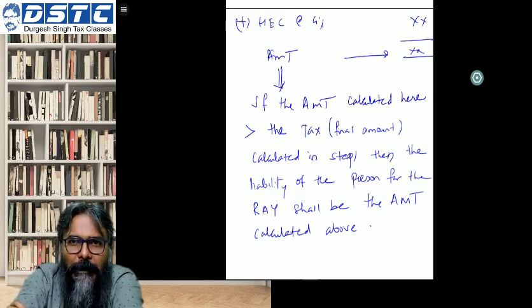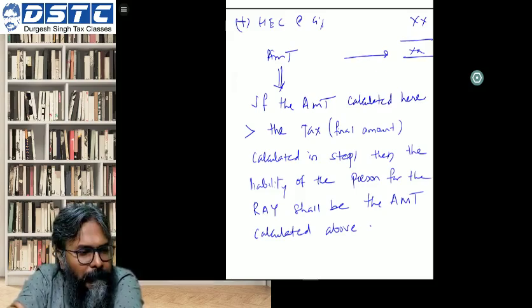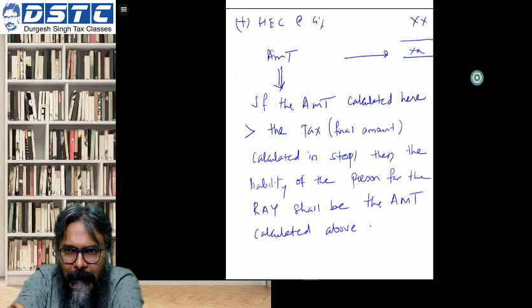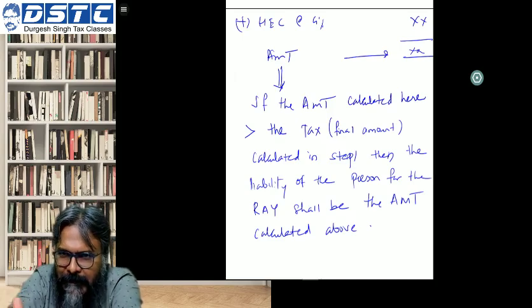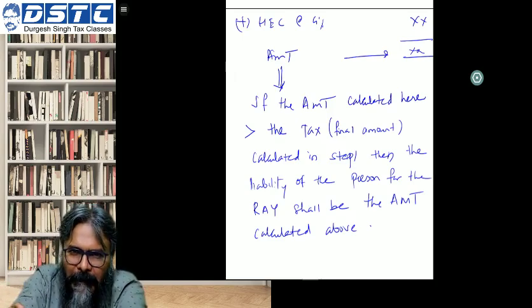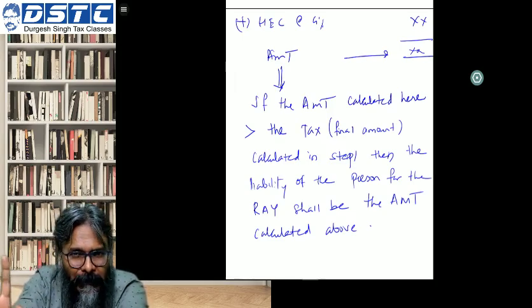So students, over here, as I was discussing with all of you, only if you have claimed these deductions will you go to step 2 for the calculation. Now Pradeep has asked, sir, why do we have to calculate AMT? What is the logic behind that?